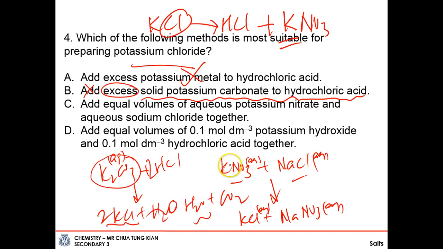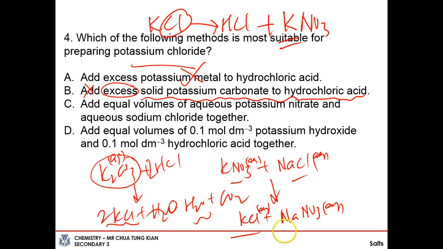But this is not the case, because the volumes would not be the same unless the concentrations are different. So for this question's sake, let's assume that they completely react with each other.